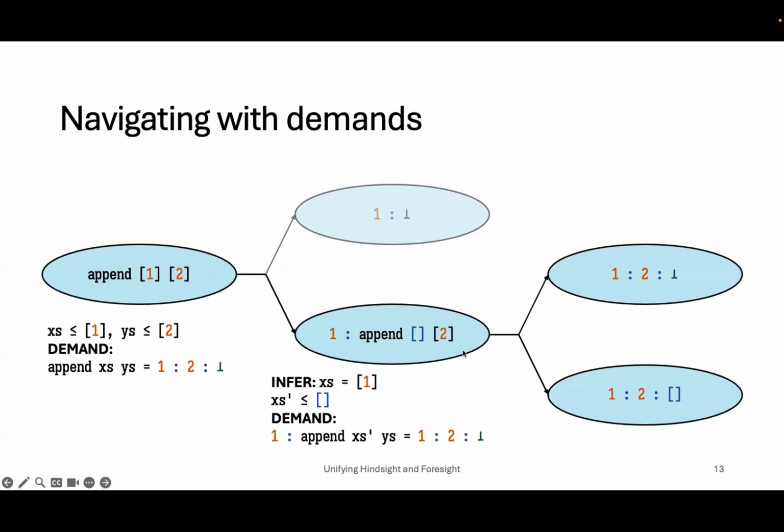We can infer information about X's from that just as before. This is all the same information we inferred in the demand semantics slide. And if we keep going, this works. If we try this branch here, this gives us the demand that we asked for to begin with, and that gives us information about what Y's is. So this is the intuition for our technique.